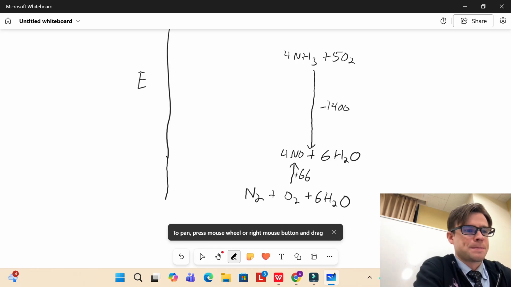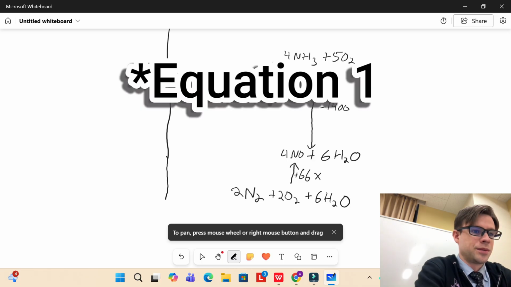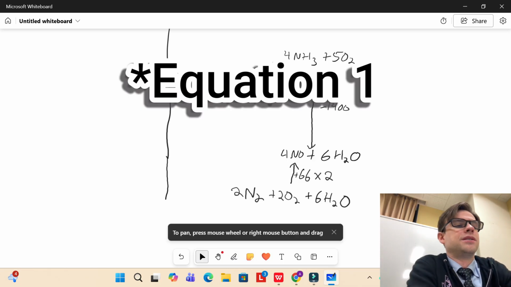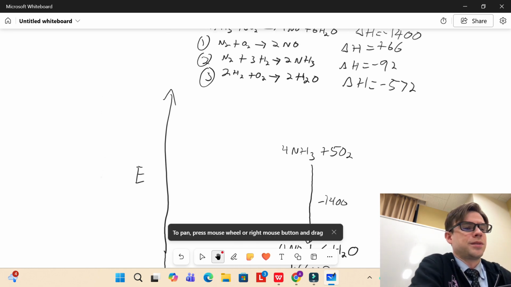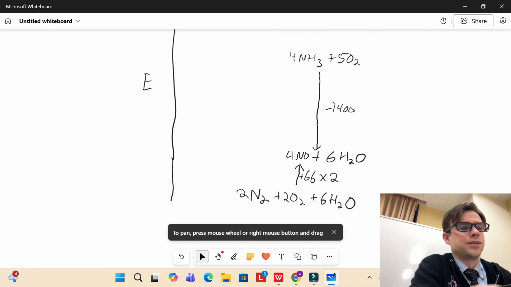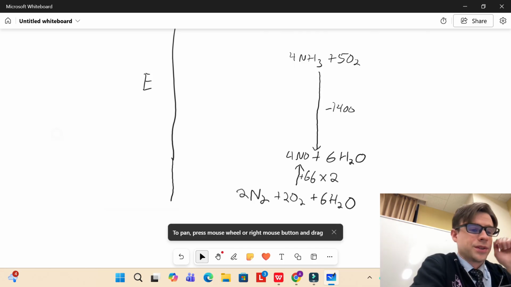But to make 4NO, I'm actually going to need 4 nitrogens and 4 oxygens, so 2 of each of these. And that means my plus 66 from my equation 1 at the top needs to be doubled to really make this jump. Okay, plus 66 times 2 to make 4 moles of NO. So it's looking like probably the lowest energy, most stable form of all the atoms in this process is 2N2 plus 2O2 and 6H2O.